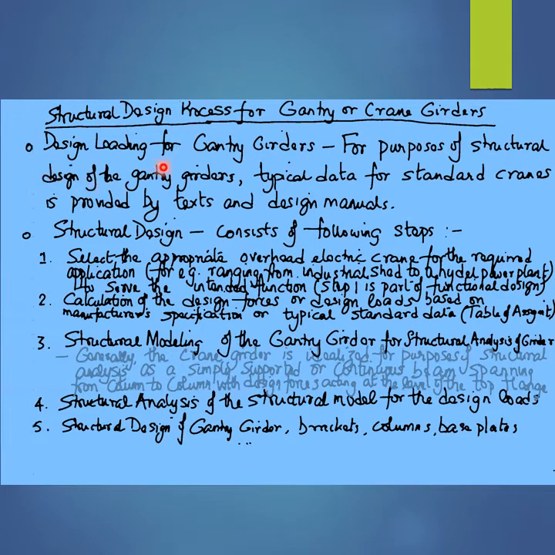Recall that the typical design data for standard overhead electric cranes that are generally provided in industrial building structures such as aircraft hangars, rolling mills, steel plants, and hydroelectric power plants or thermal power plants.